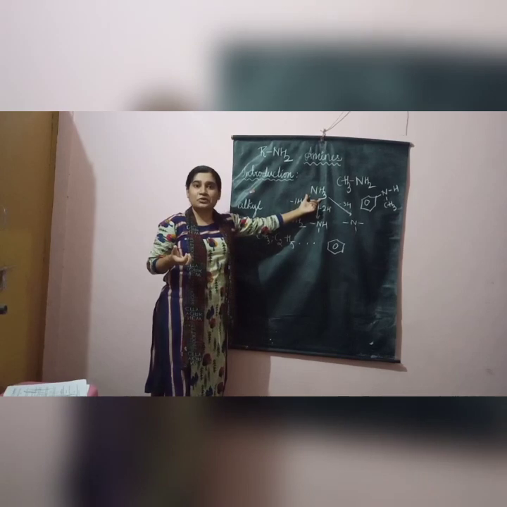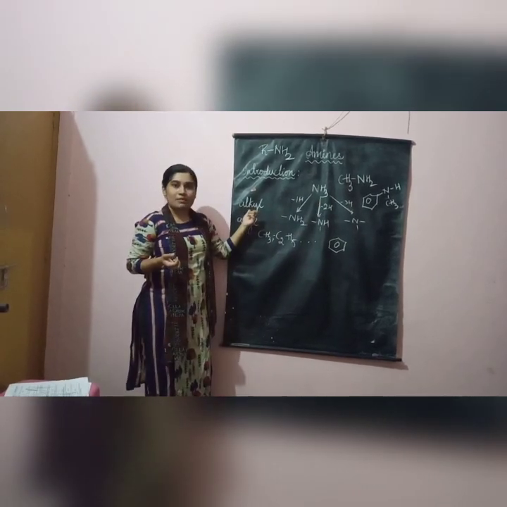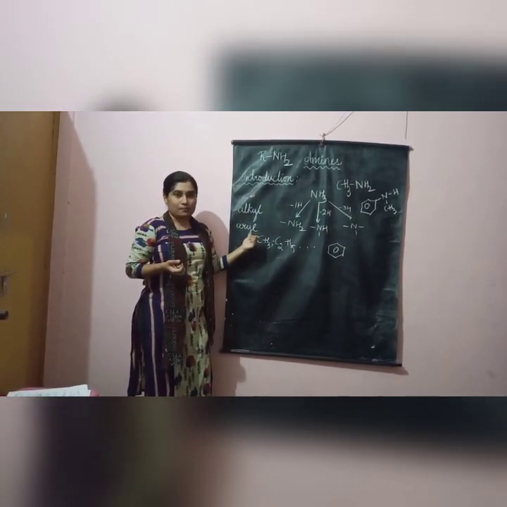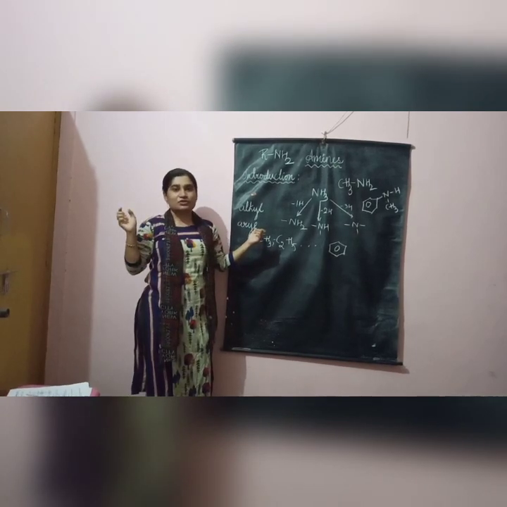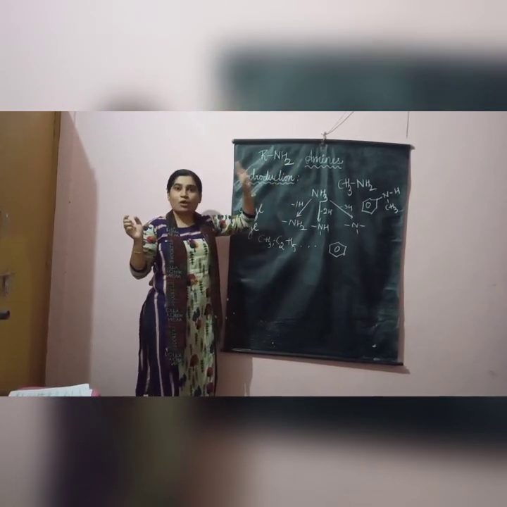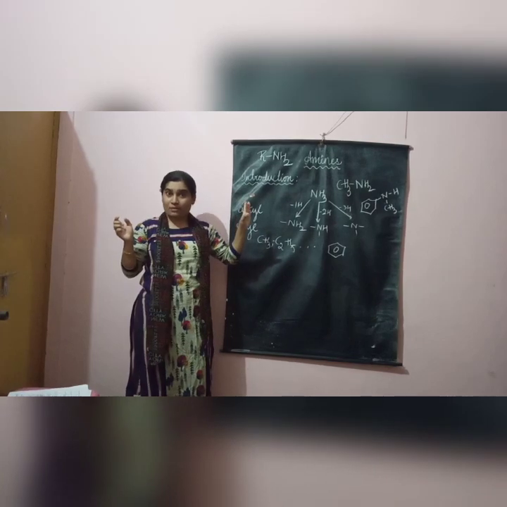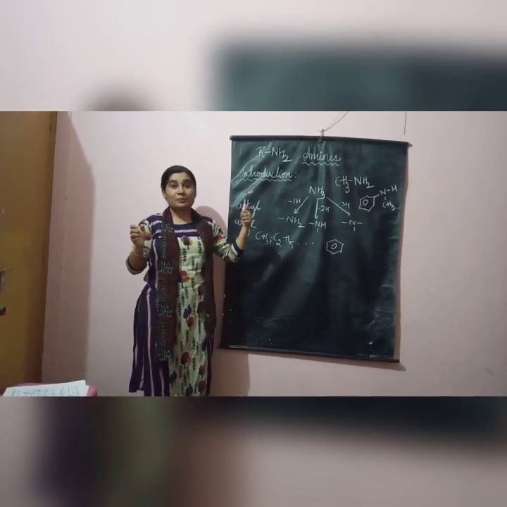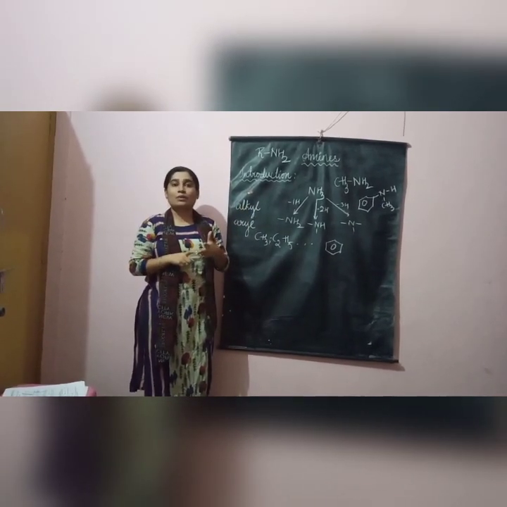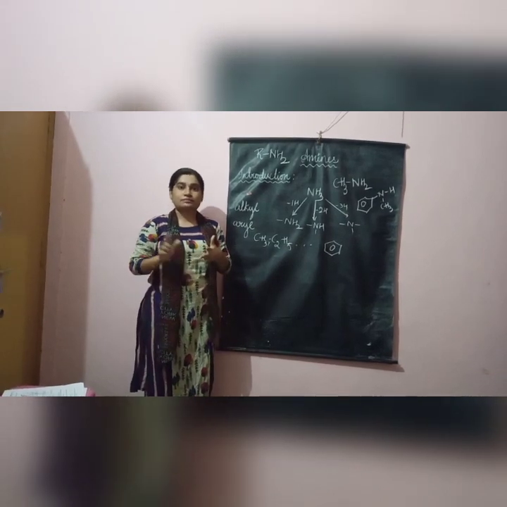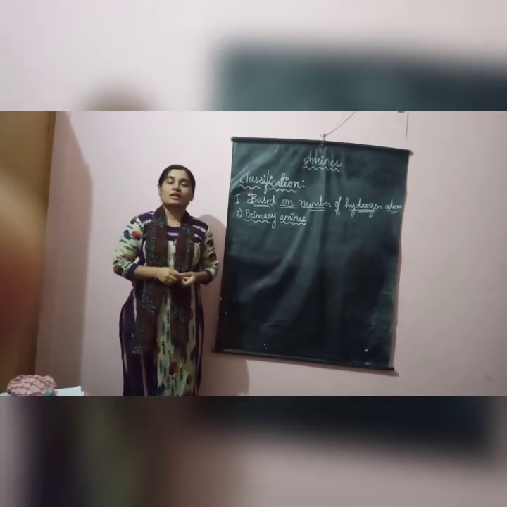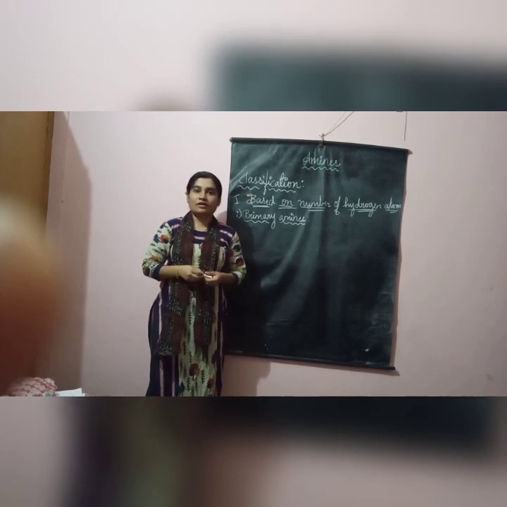By what am I going to replace them? I am going to replace them by an alkyl or aryl group. So this is all about the definition of amine. I hope you all are understanding that the functional group of amine can be NH2, it can be NH, or it can be only N.